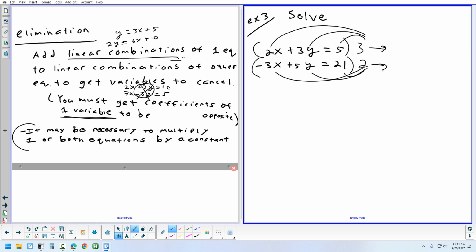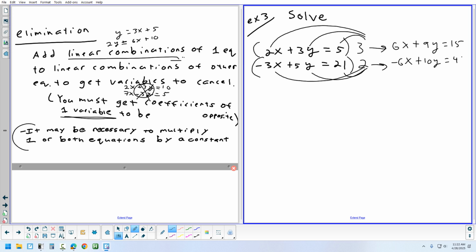When I distribute 3 to the top, can someone tell me my new equation? 6x plus 9y equals how much? 15. And how about when I distribute 2? What's my bottom equation? -6x plus 10y, which equals 42.